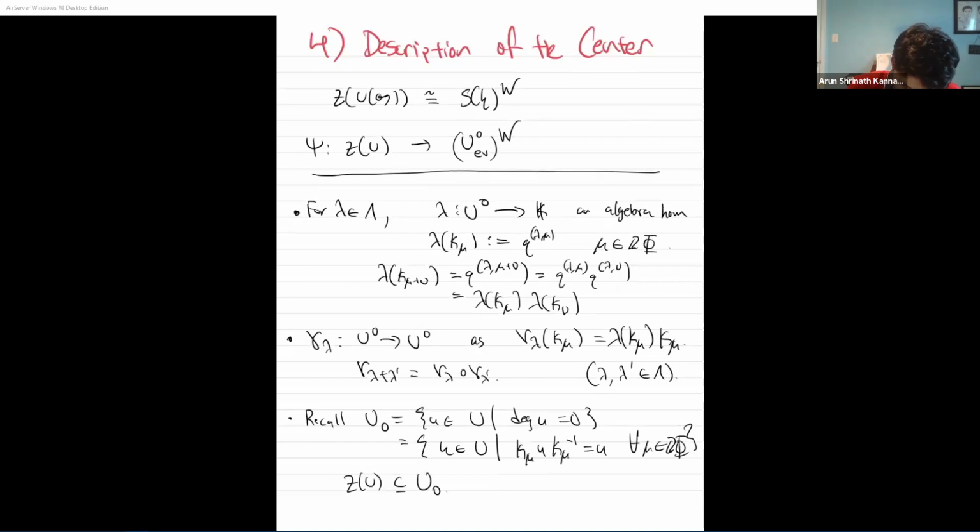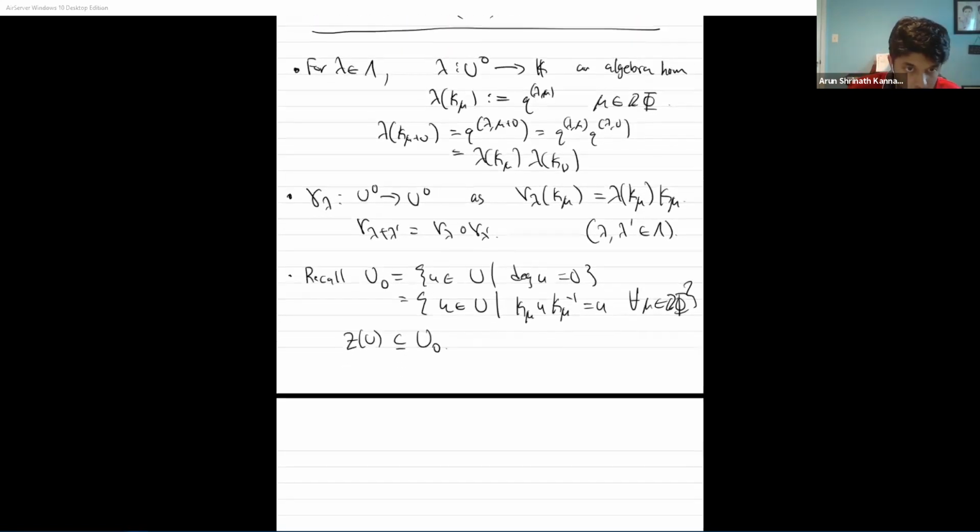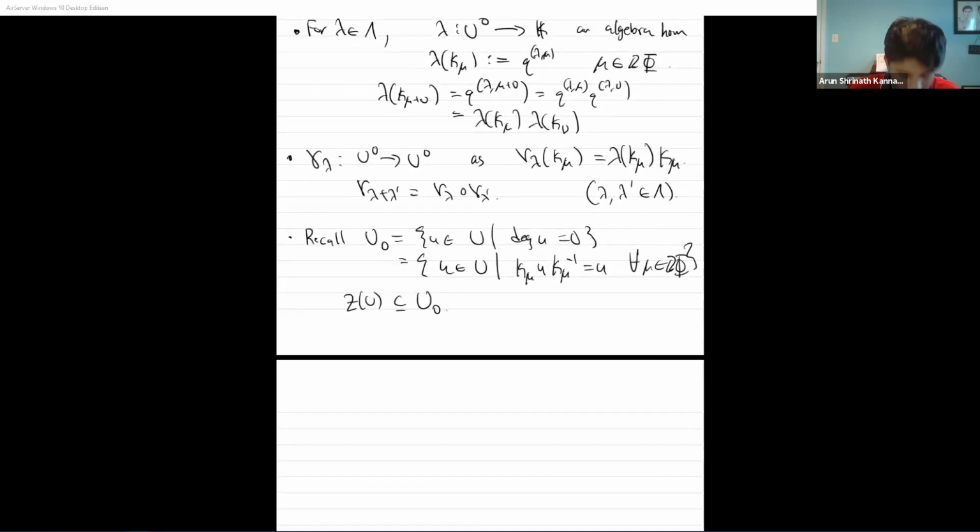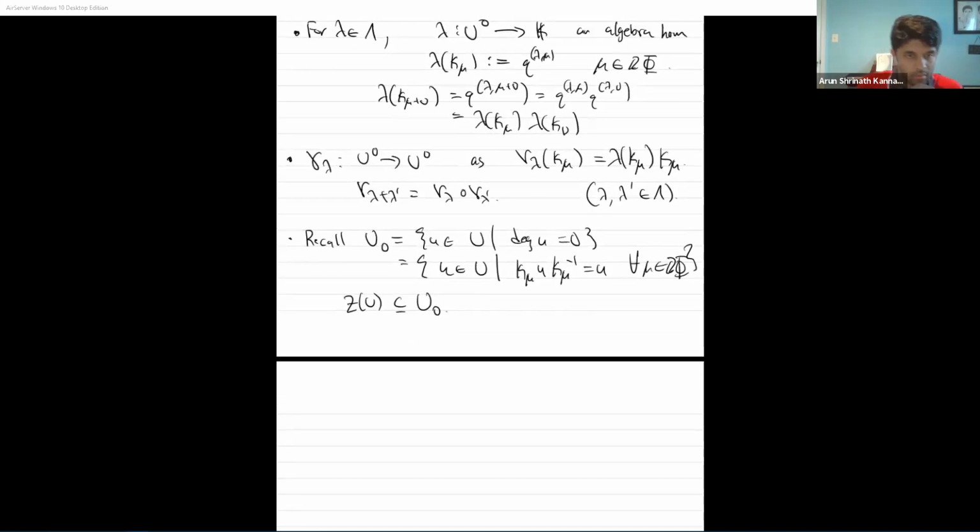And just one more definition before we can state the theorem. We recall this PBW-esque looking thing: we have an isomorphism of vector spaces given by multiplication from U minus tensor U0 tensor U plus to U.